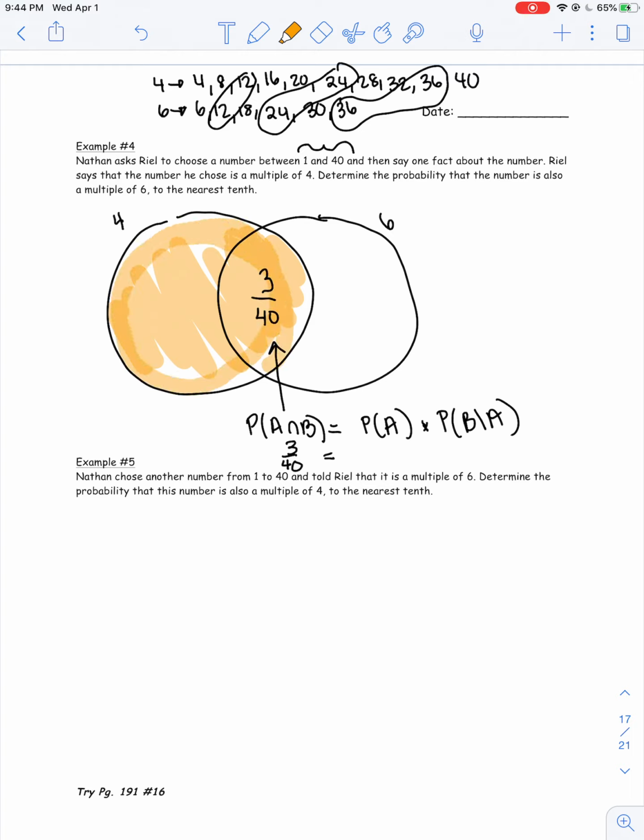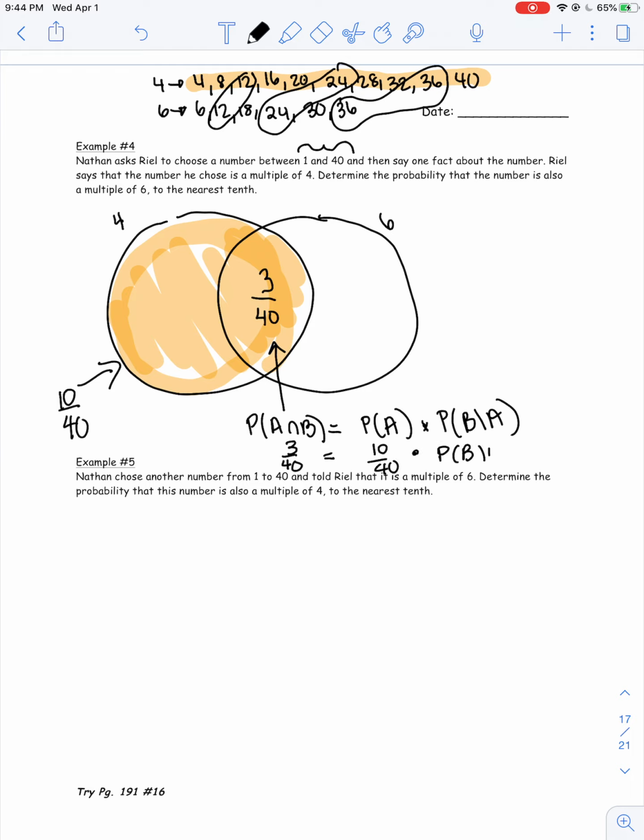So let's find out what this entire circle should add up to. If you count out all these numbers here, that's the answer out of 40. So there's 1, 2, 3, 4, 5, 6, 7, 8, 9, 10. There's 10 numbers out of 40 that are multiples of 4. So that should be your first probability occurring, 10 out of 40.